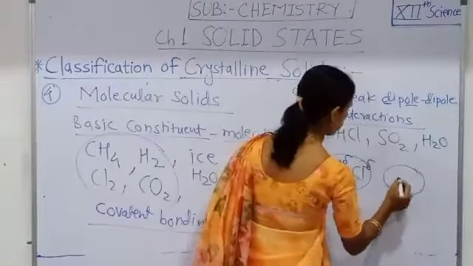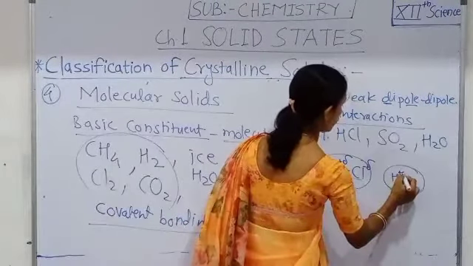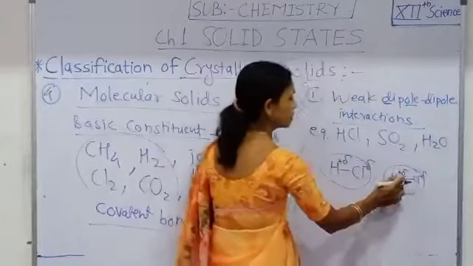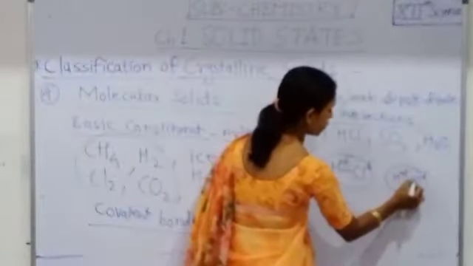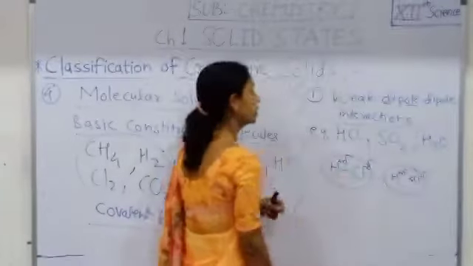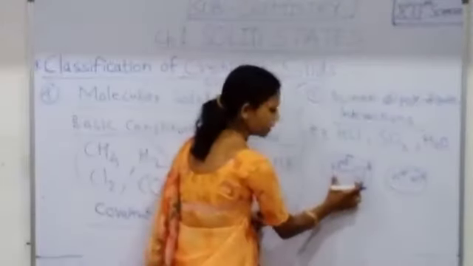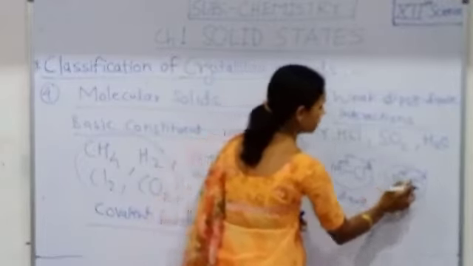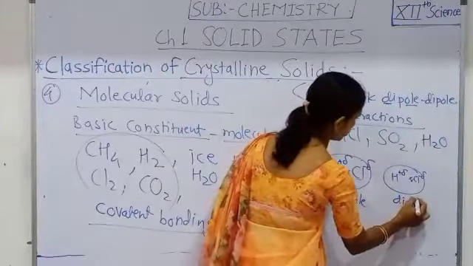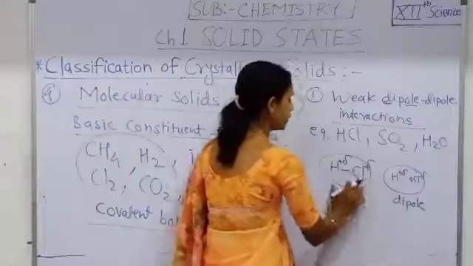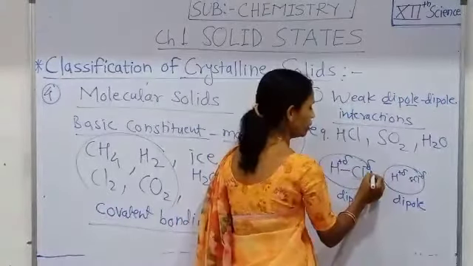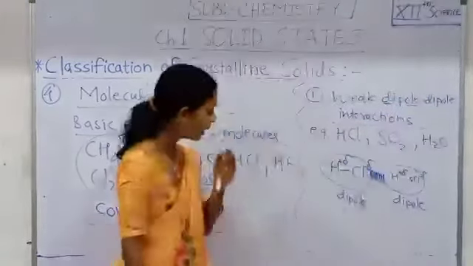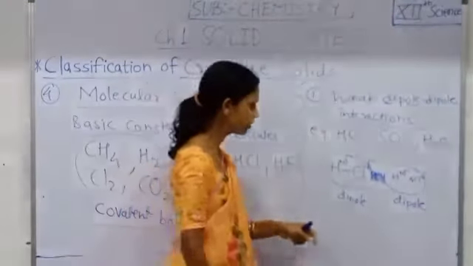Therefore the HCl molecule is polar in nature, because the shared electron pair shifts towards the more electronegative atom. So the HCl molecule is a dipole, and dipole-dipole interactions are there between them, and all of you have studied about that.